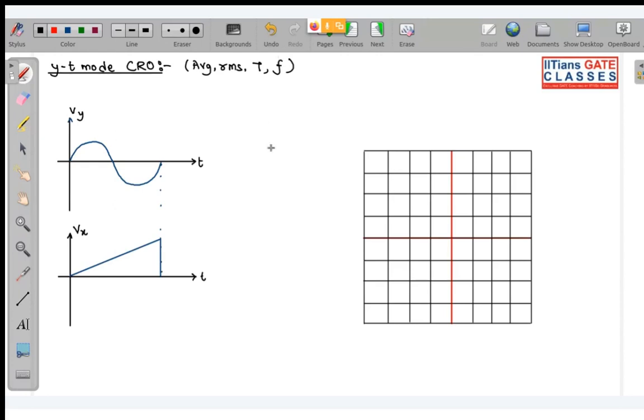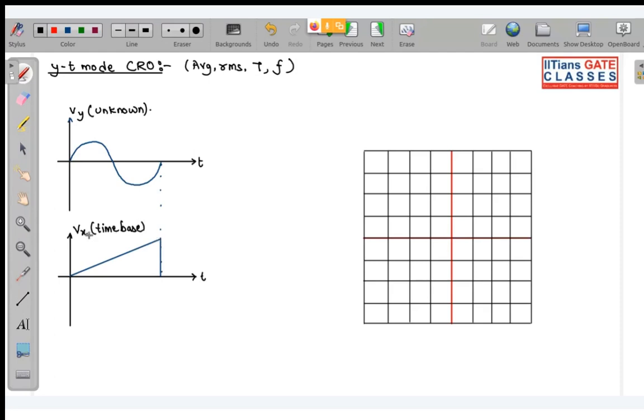So this Vy is your unknown signal. And what is this signal known as? This is your time base, basically a ramp signal. The time base is given to your horizontal deflecting plate, and Vy, the unknown signal, is given to your vertical plate.